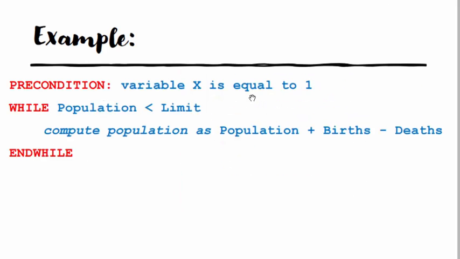This is an example. So we have a precondition where the variable x is set to 1. As long as the population is less than the limit, it will continue to compute the population using this formula: population plus births minus deaths. As long as this condition is met, it will continue to execute the following statement.